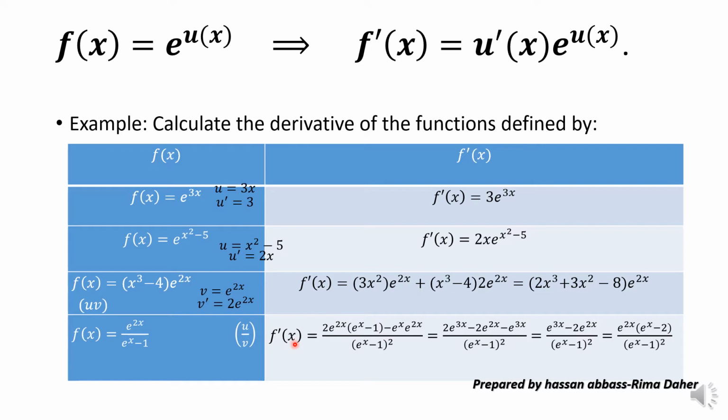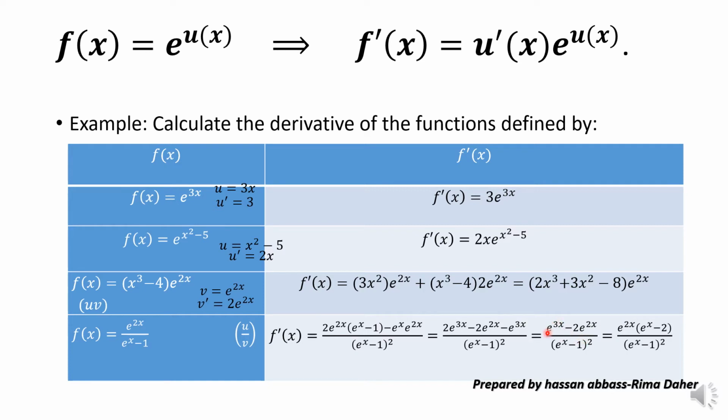Therefore f prime of x equals u prime times v minus v prime times u over v squared. Expand and reduce the numerator of f prime of x, we get f prime of x equals e^(3x) minus 2e^x over (e^x minus 1) squared.